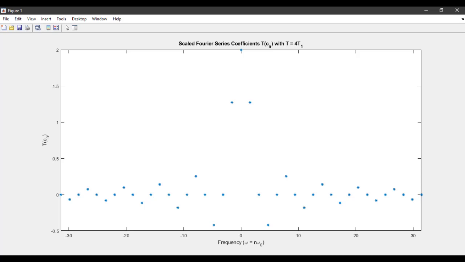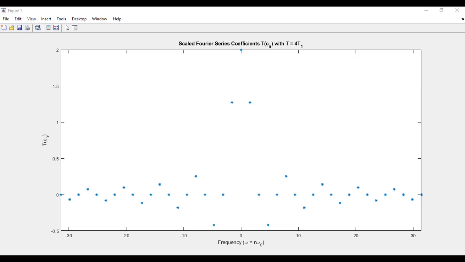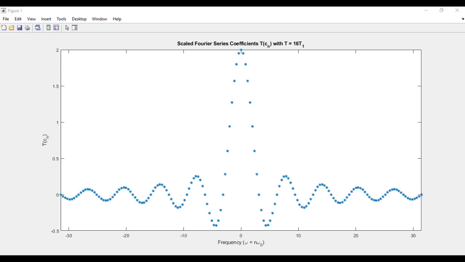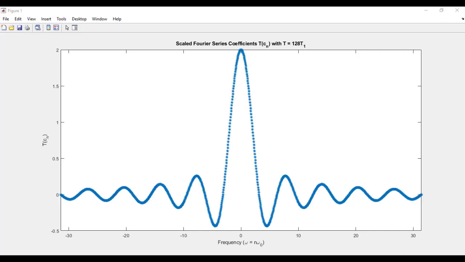Here's the plot corresponding to T equals 4T1, which is a pulse train that's 1 for half of its period and 0 for the other half period. Here's T equals 8T1, T equals 16T1, T equals 64T1, T equals 128 times T1.